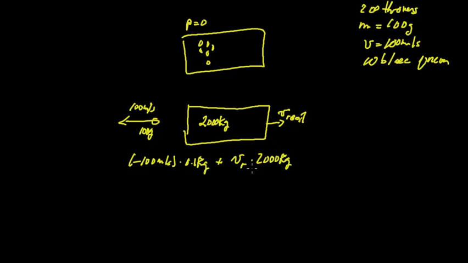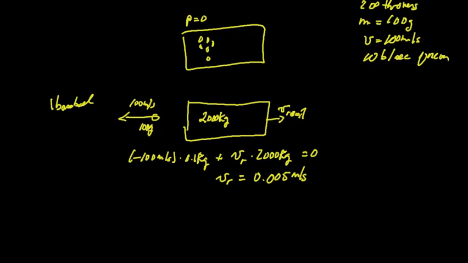This amount of momentum has to be the same as the momentum before, which was 0, so it has to add up to 0. It's easy to solve for the recoil speed, and this is for one baseball. I get a recoil speed of 0.005 meters per second.